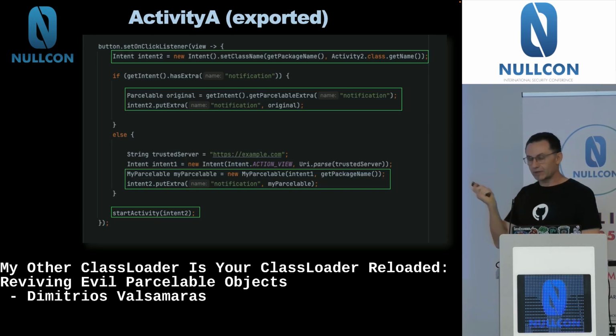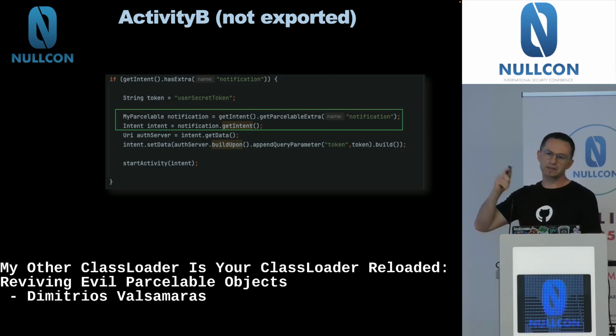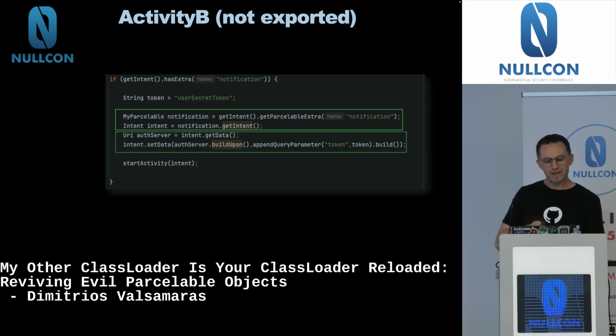Alright. So now, what is the issue here? This intent will go to activity B, which is not exported. However, this activity B will extract the notification parcel. Then from this parcel it will get the intent, isolate the data part, append the user's token as a query parameter, and send this intent to the default browser.